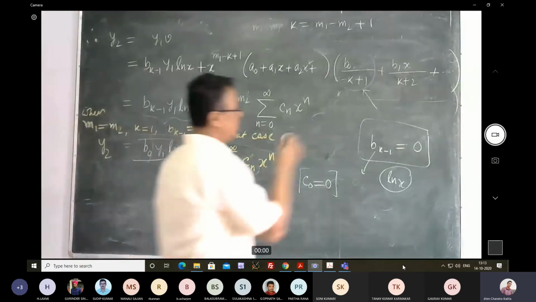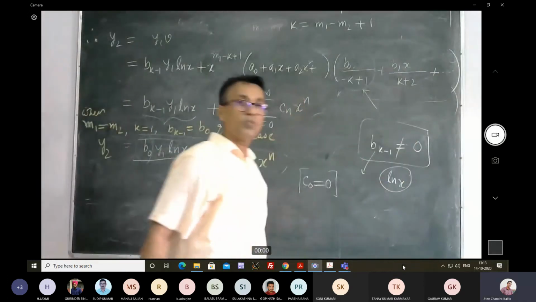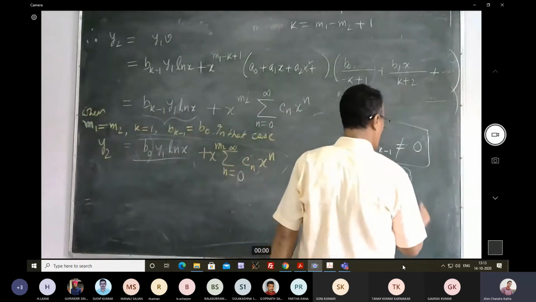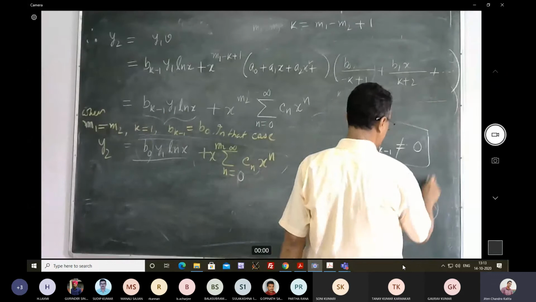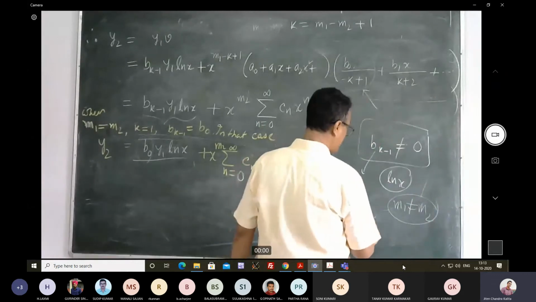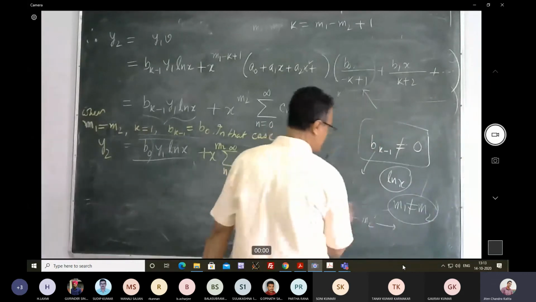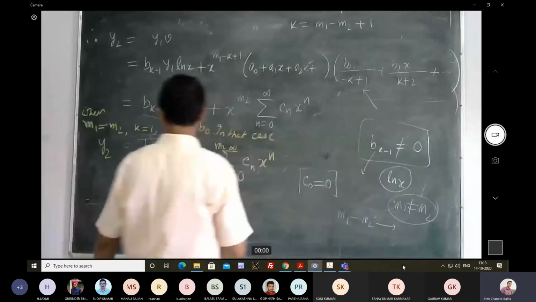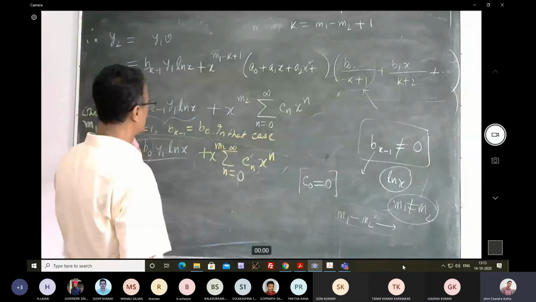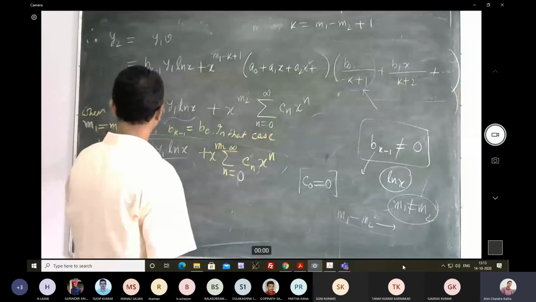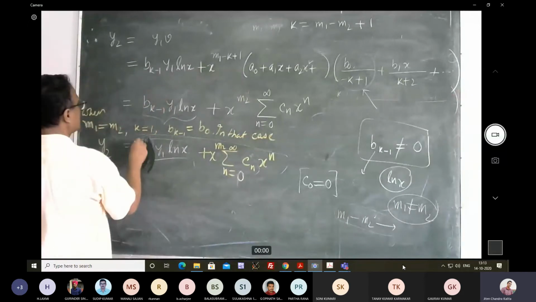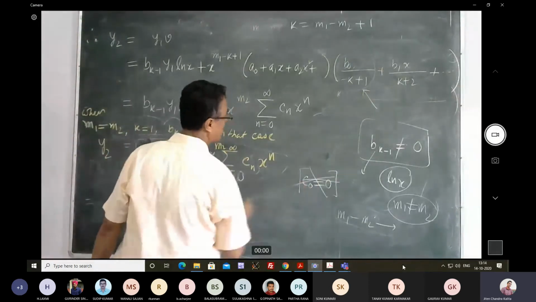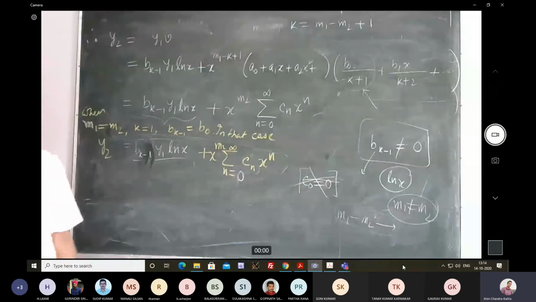When b_k is not equal to 0, when m1 is not equal to m2, in those cases, when m1 minus m2 is a positive integer, then if b_{k-1} is not equal to 0, I can simply write it as b_{k-1} this, and I don't have to write anything like this. It will simply go like this.